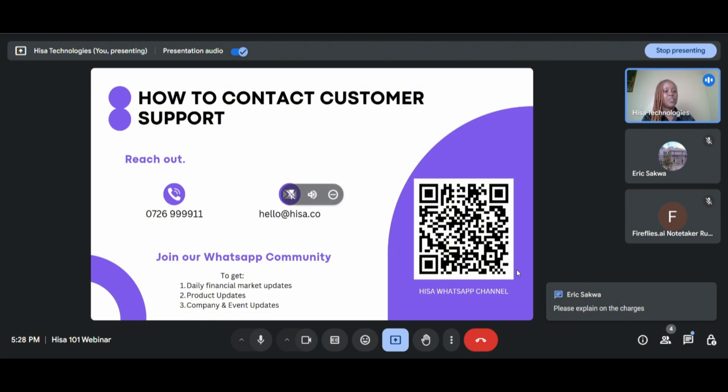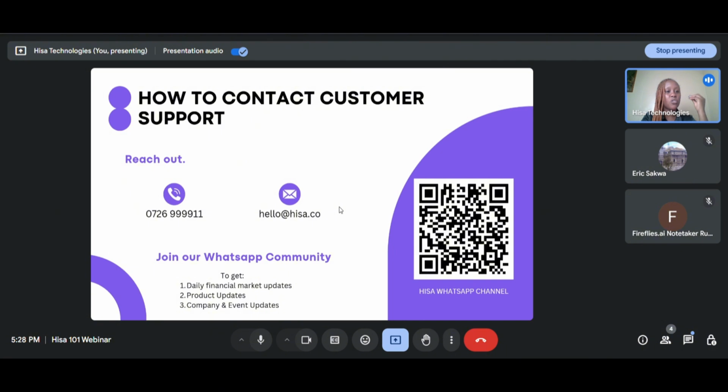Eric is asking, please explain the charges. When you are placing an order for US stocks and ETFs, the platform charges only 1% of the total transaction cost.